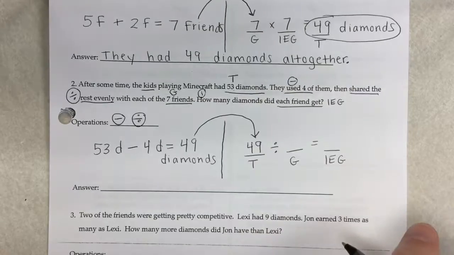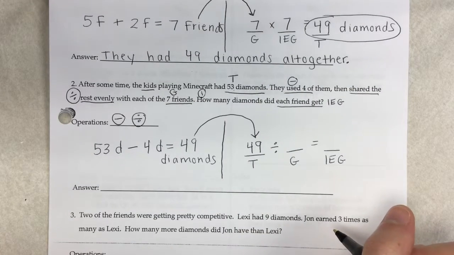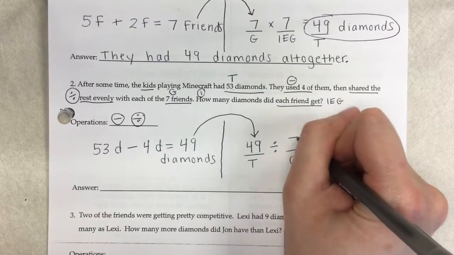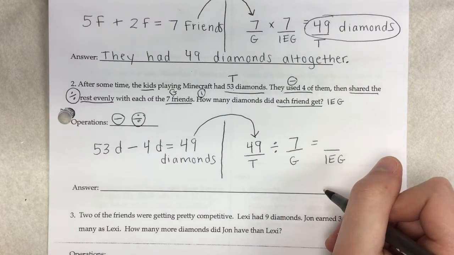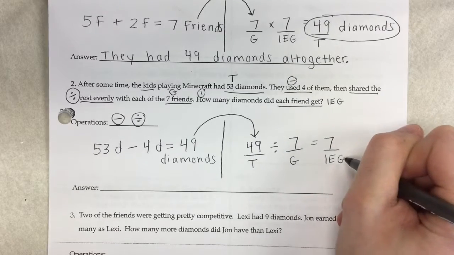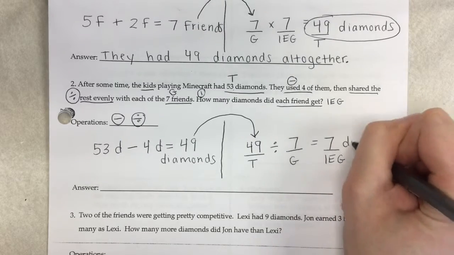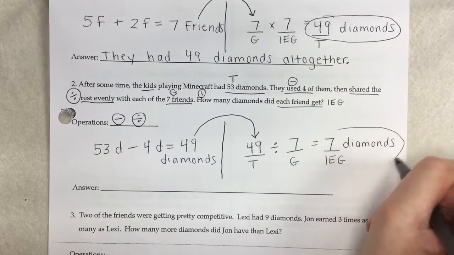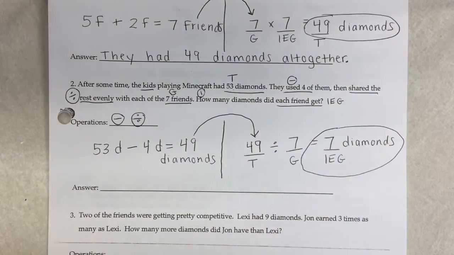So 49 divided by the groups, there were 7 friends. So I put 7 here, and then I can divide that in my calculator to get 7 in each group. So there are 7 diamonds in each group. This is my final answer because it matches what the question is asking.